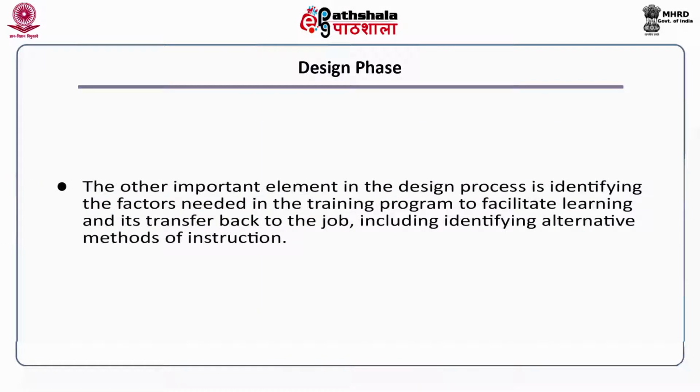The other important element in the design process is identifying the factors needed in the training program to facilitate learning and its transfer back to the job, including identifying alternative methods of instruction.